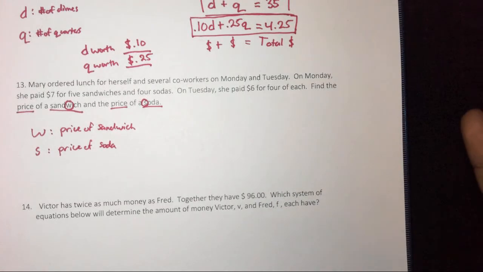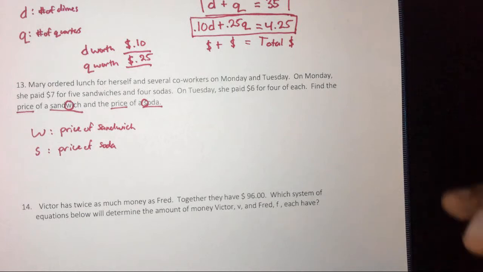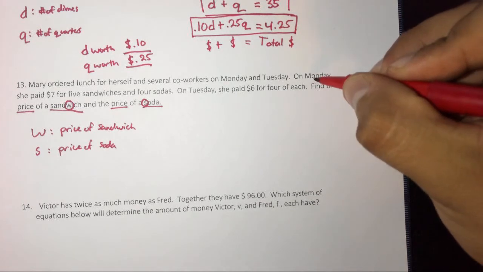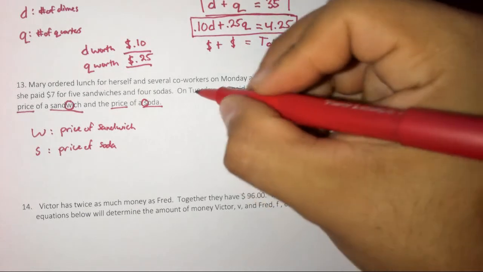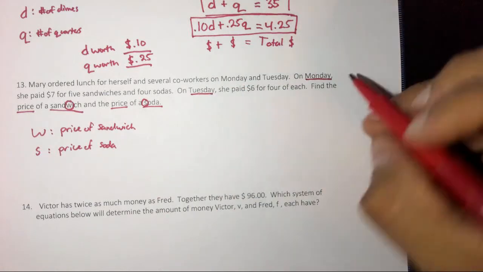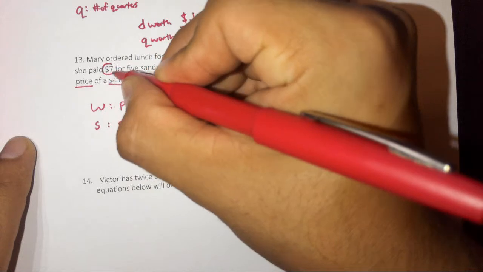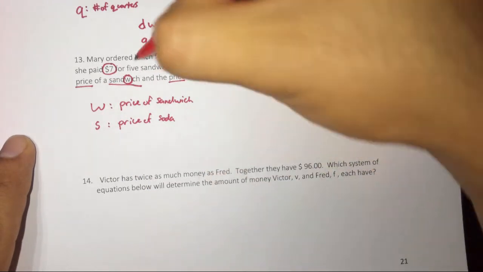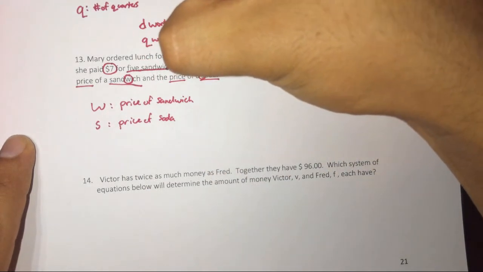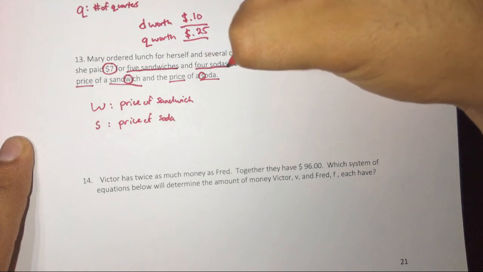Next we write down our system. Our two equations here are going to be based on the days, Monday and Tuesday. On Monday, she spends $7 and she buys 5 sandwiches and 4 sodas.